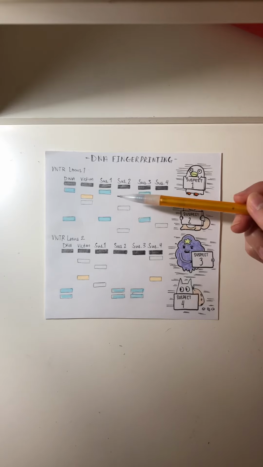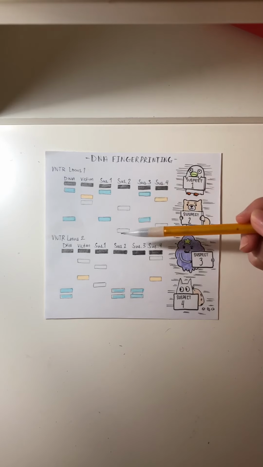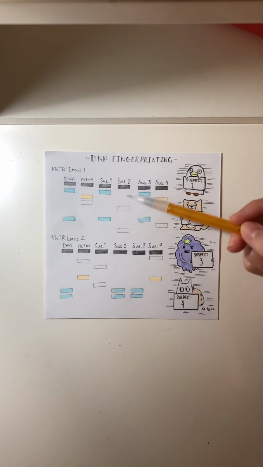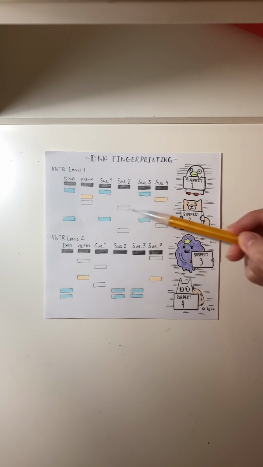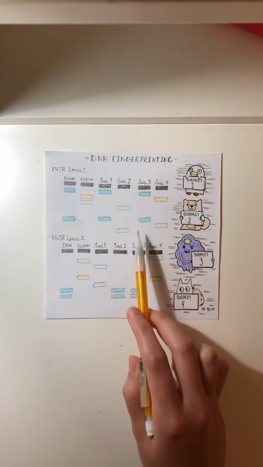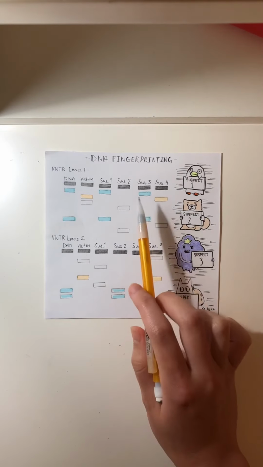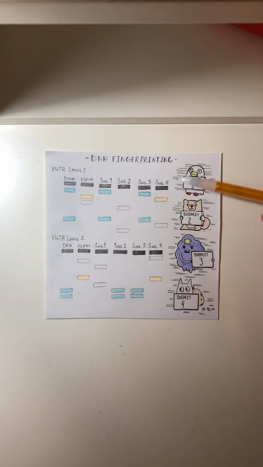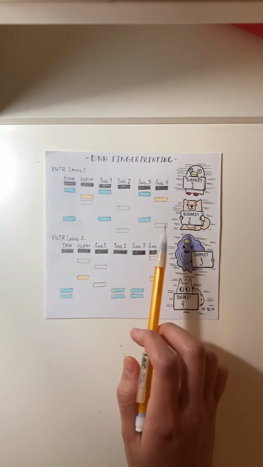And then suspect 2 is ruled out because none of the bands match in our first locus. And then suspect 3 would also be considered a possible culprit because it matches. And suspect 4 would not be considered because the bands do not match.